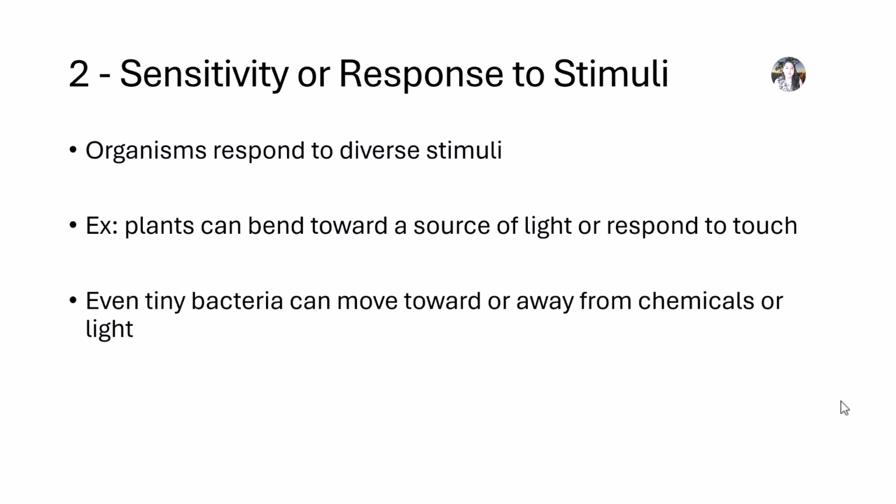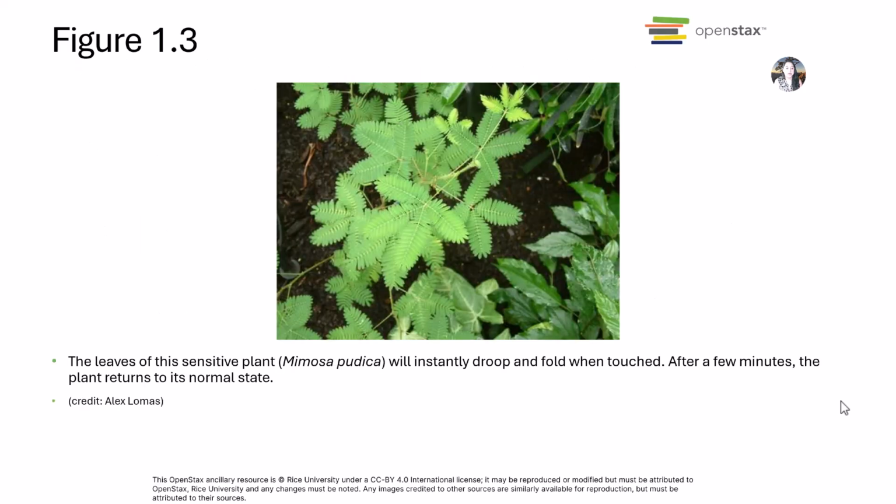Organisms respond to many diverse stimuli. For example, if you've ever seen a sunflower, there are plants that can bend and grow towards a light source, or there are even some plants that respond to touch. In this next slide is a quick picture. This is a plant called Mimosa pudica, which will droop and fold when touched.